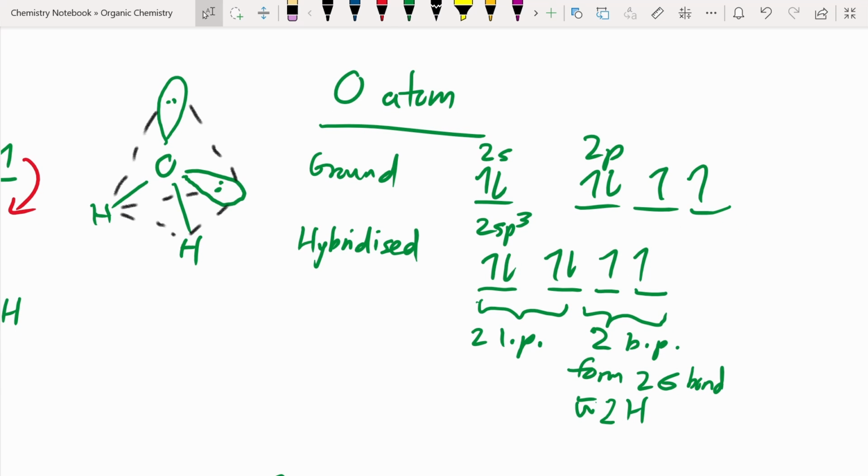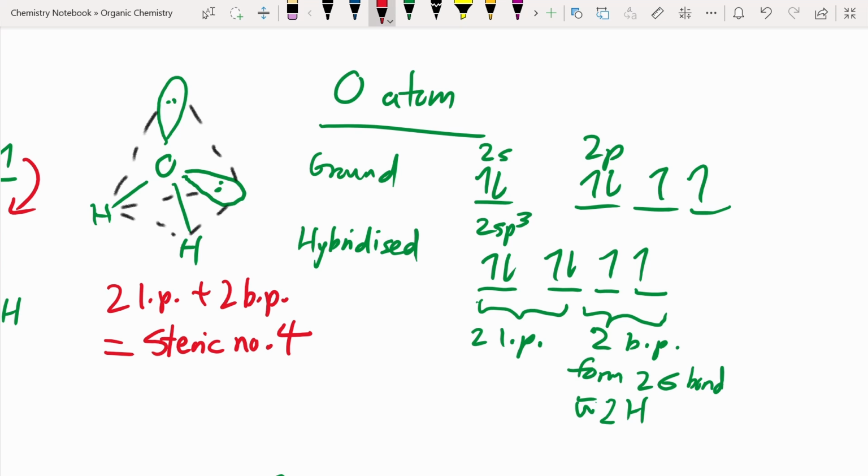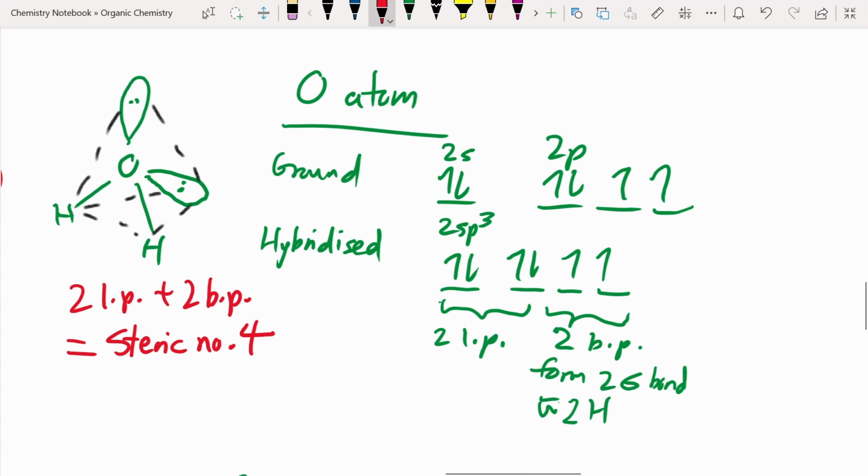Another example is water. As you can see here, there are 2 lone pairs plus 2 bond pairs, so your steric number is 4, and that's why you need to form your sp3 orbitals. So one 2s and three 2p will give you 4 sp3 orbitals, and you can see right here that the 2 lone pairs are in the sp3 orbitals.